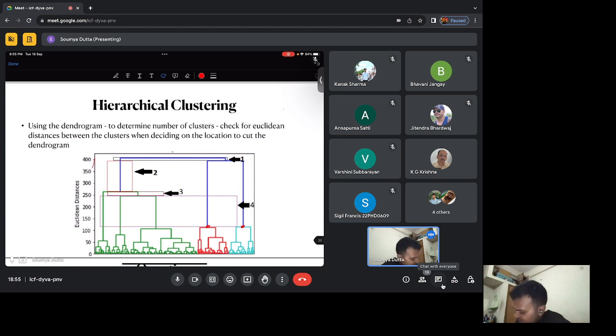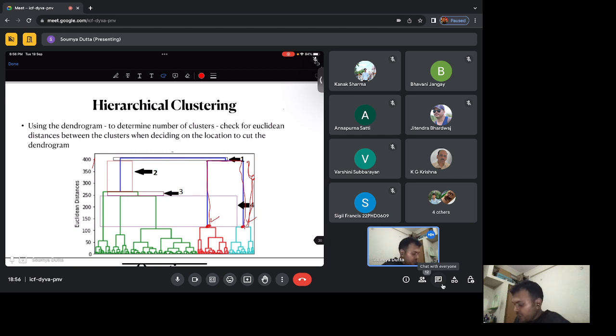So that means when you merged this cluster with this cluster, the distance between these two clusters, whatever complete linkage, single linkage, whatever distance metric you had chosen, came out to be this particular value. That is why you merged them and put this bar at this particular value. Okay, so that is the first point.